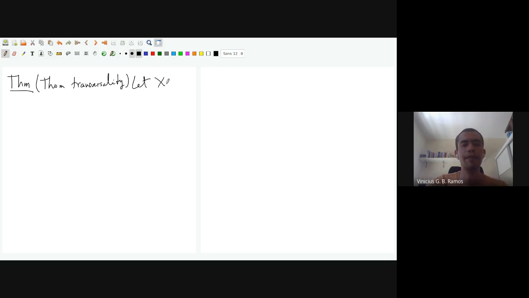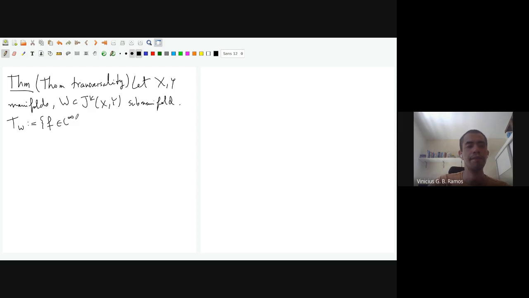So let X and Y be manifolds and pick a submanifold W of the k-jet space of X and Y. And let T_W be the set of functions f such that the k-jet of f is transverse to W. Then T_W is a residual subset of C infinity.